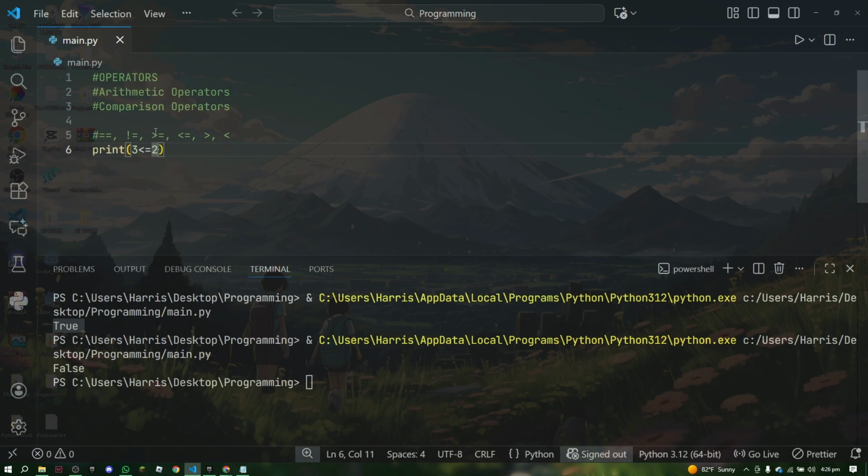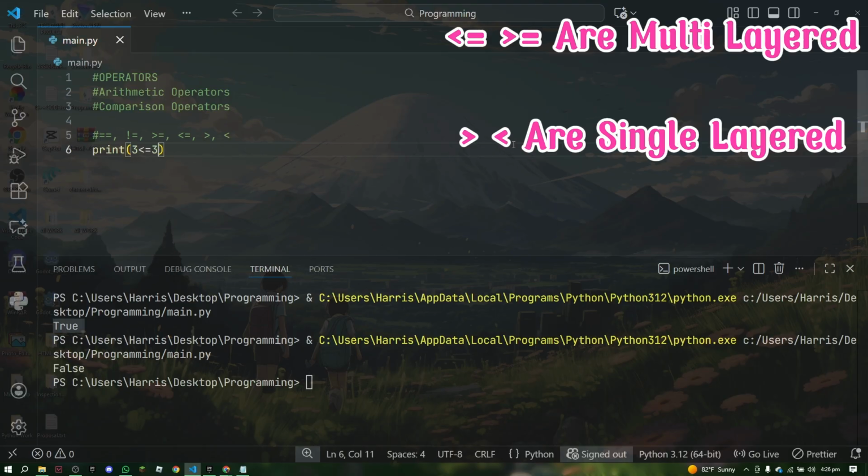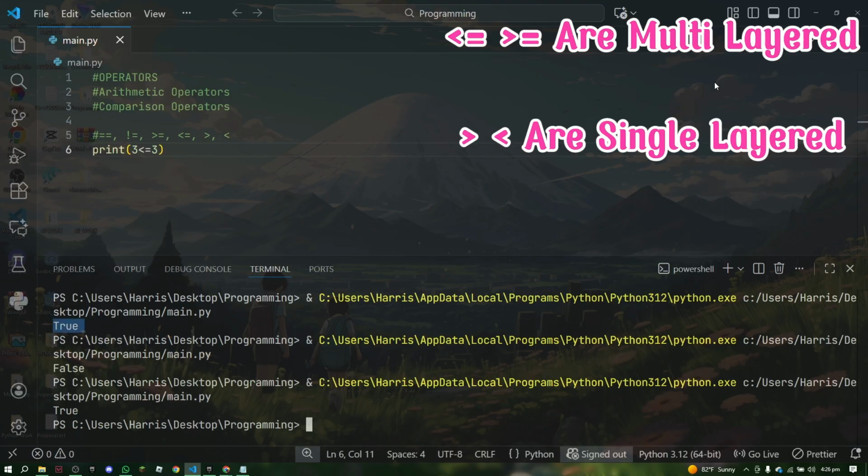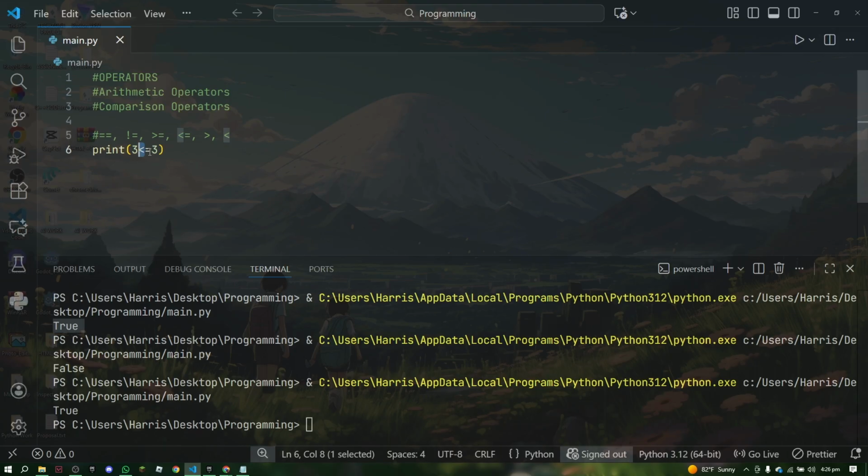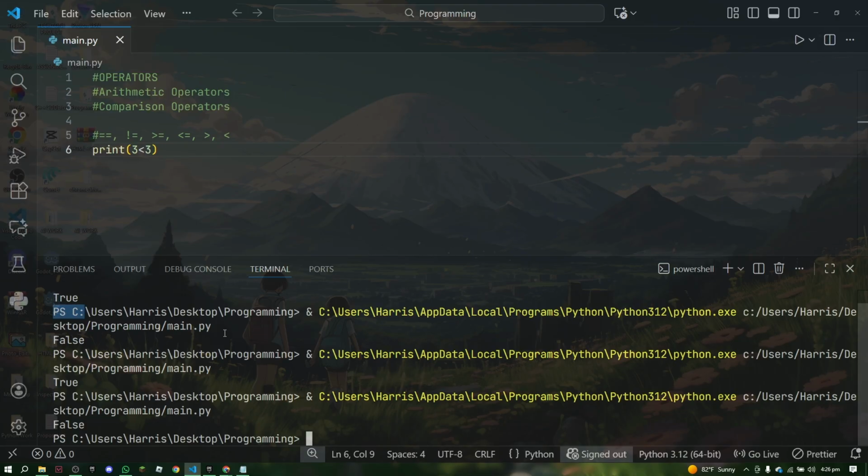But the key difference between these and these is that even if I write 3 here, it's going to say true because 3 isn't less, but it's equal. If I remove this part and then run it, then it's going to say false because then it only has one value to check. With these operators, it has multiples. It's checking, hey, is it bigger? Okay, yes or no. And then is it equal? But these ones are just plain old checking if they're bigger or smaller.